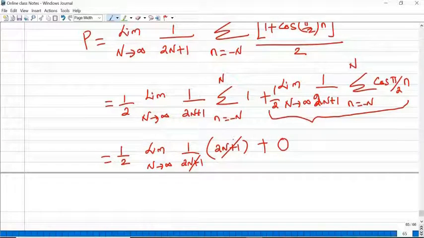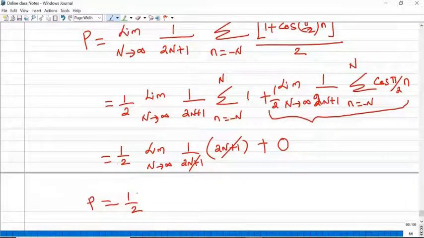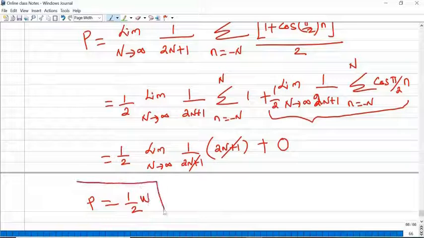If your answer comes in the form of 2n plus 1, then only it will be cancelled. So you just substitute n tends to infinity, 1 by infinity is 0. Here 2n plus 1 and 2n plus 1 are already cancelled, the possibility is there, so we cancelled. Now the remaining value is 1 by 2 only. So power is equal to 1 by 2 watts.